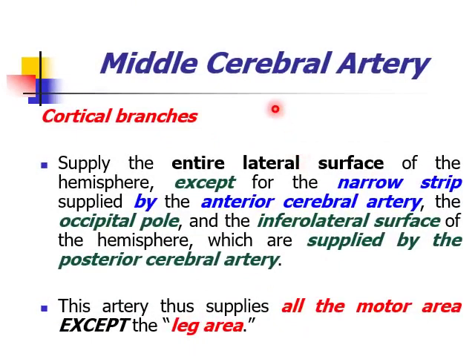So the cortical branches of the middle cerebral artery supply the entire lateral surface of the hemispheres except for a narrow strip supplied by the anterior cerebral artery, this one that we have seen at the periphery of the cerebral hemisphere. The occipital pole is the sole territory of the posterior cerebral. We just saw it in the anterior cerebral artery distribution: it reaches for the occipital pole, but leaves it.